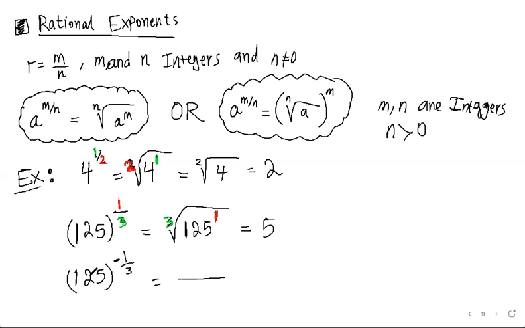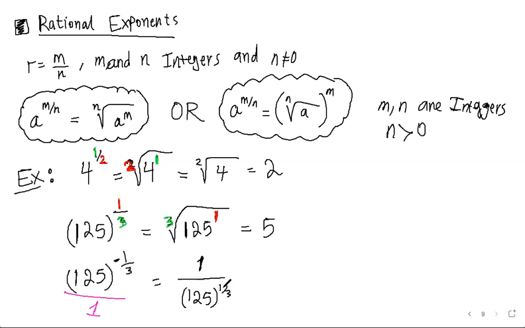This 125 is actually over 1, so it becomes 1 over 125 to the power 1/3.